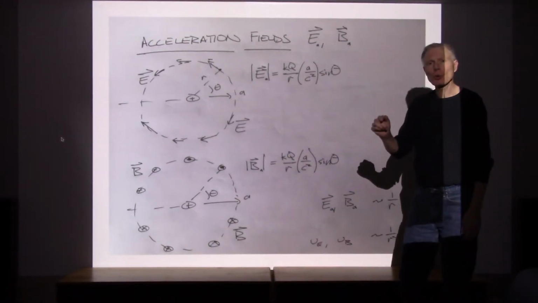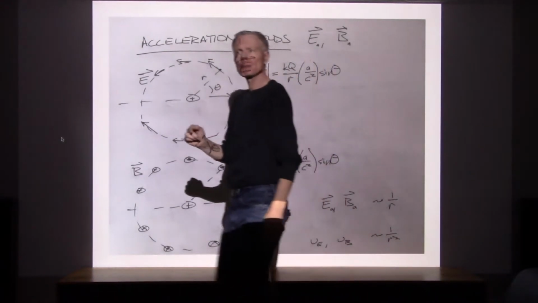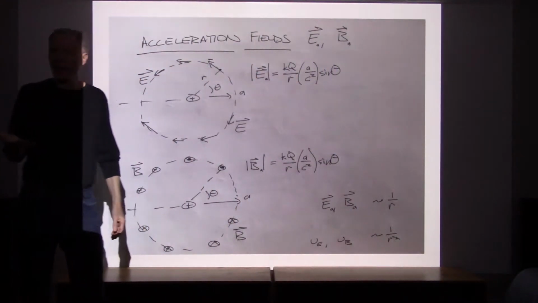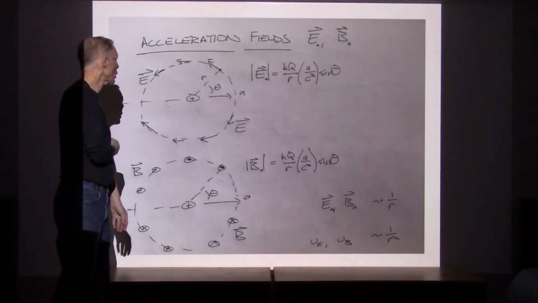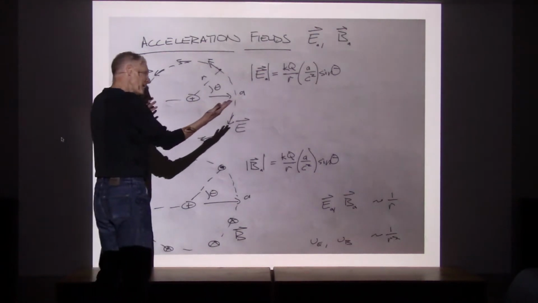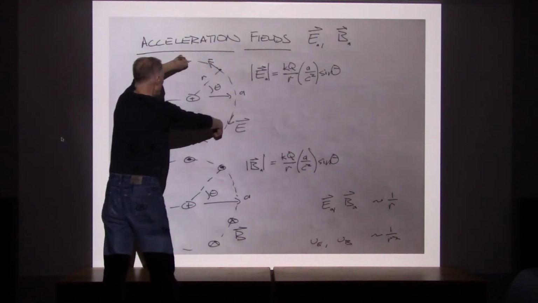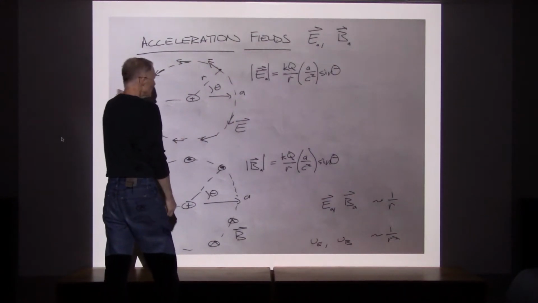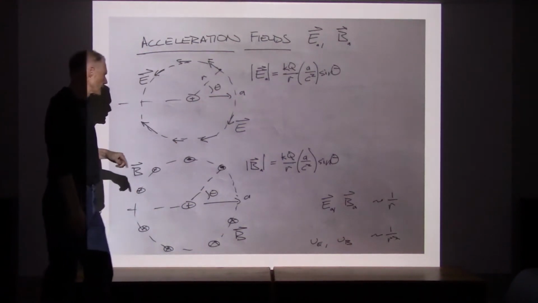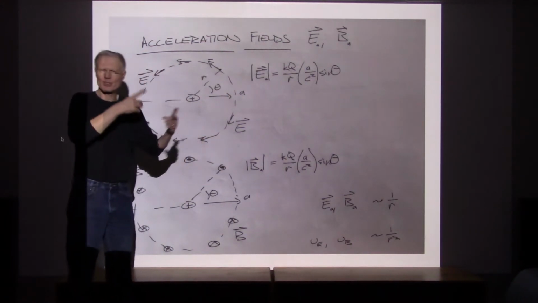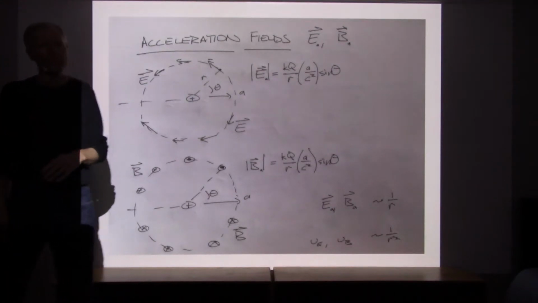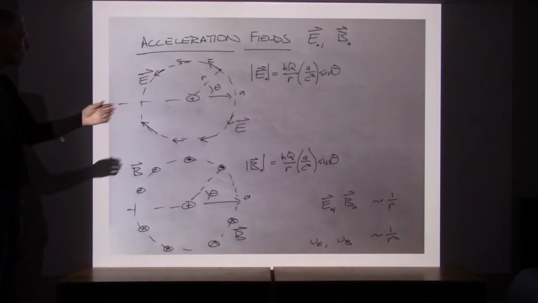They both go as 1 over r. They both drop off with sine theta. And then they have interesting directions to them, at least the E fields. The E fields wrap back around the direction of acceleration. The magnetic fields are still looping, so I have magnetic fields that are looping around the direction of acceleration.